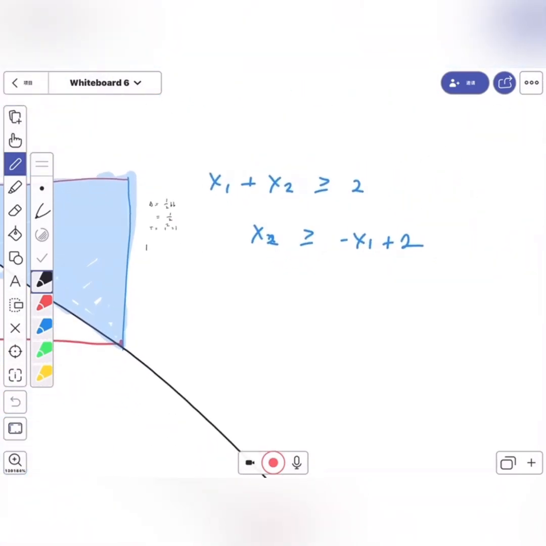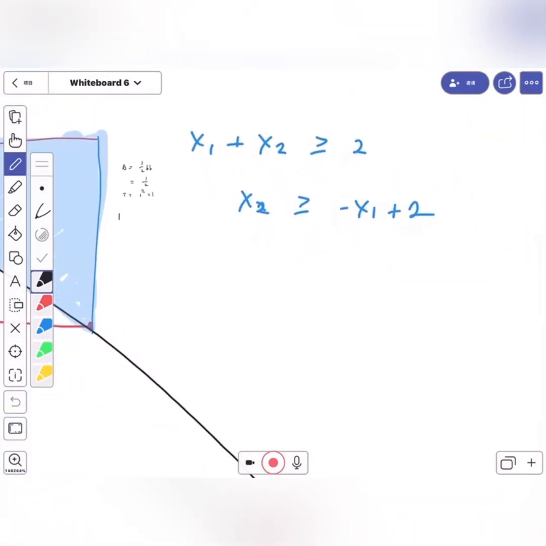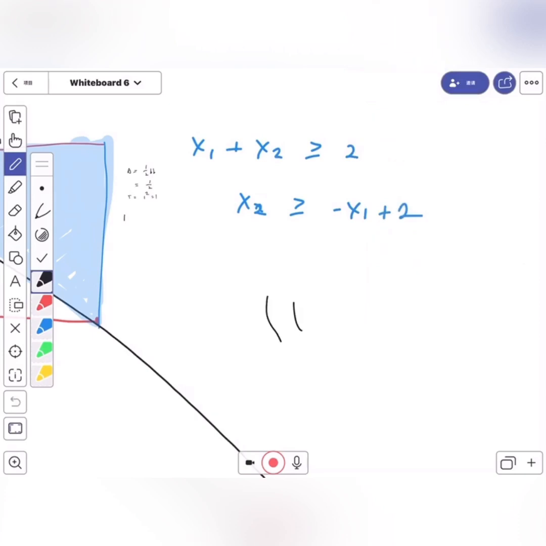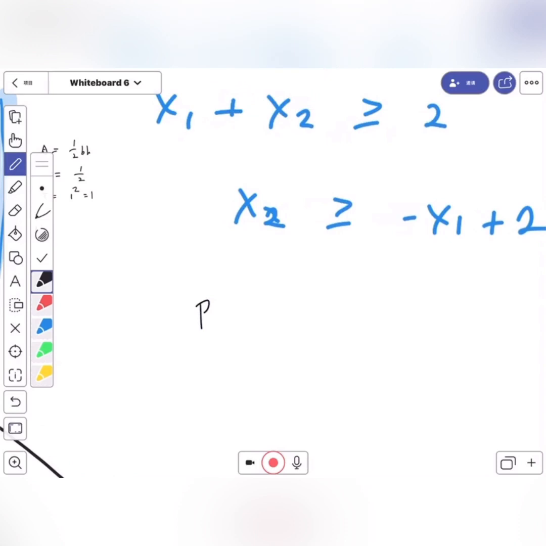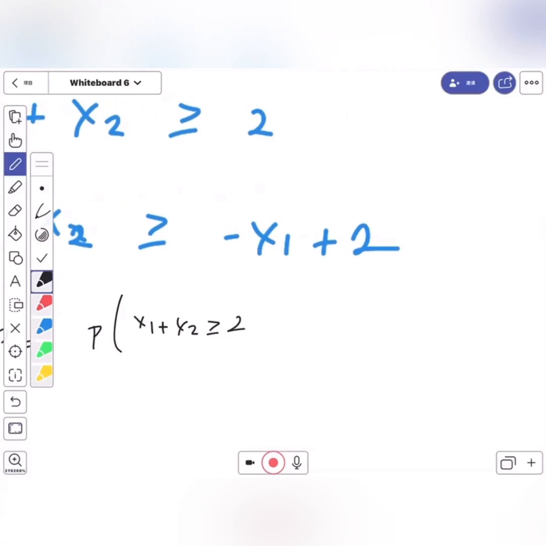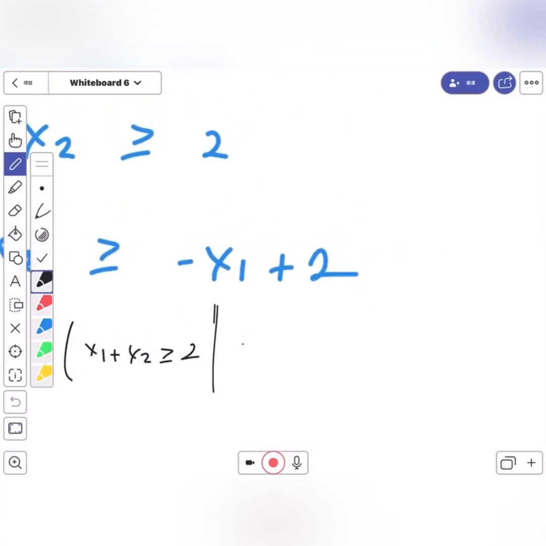So P over here means P of x1 + x2 greater than or equal to 2, such that 0 is less than or equal to x1 is less than or equal to 1, and 1 is less than or equal to x2 is less than or equal to 2.